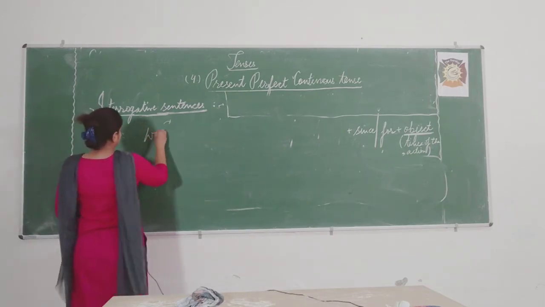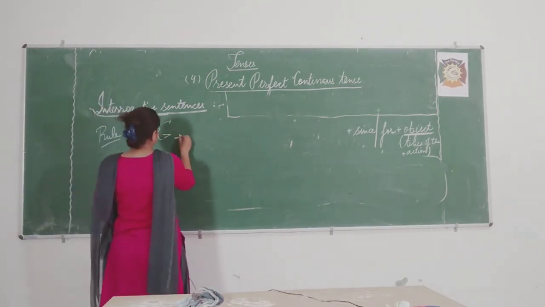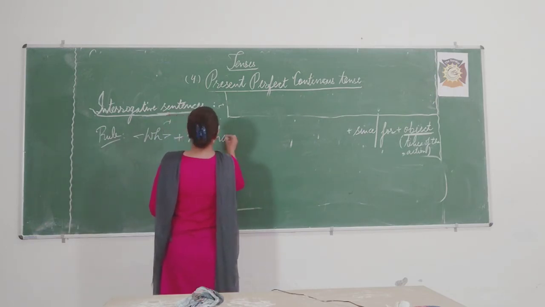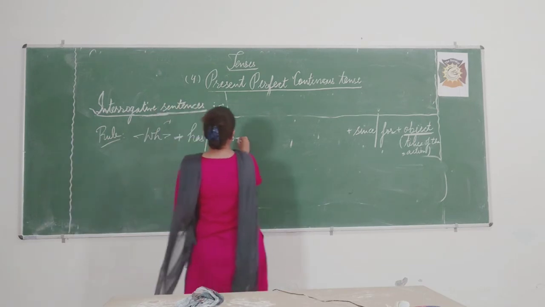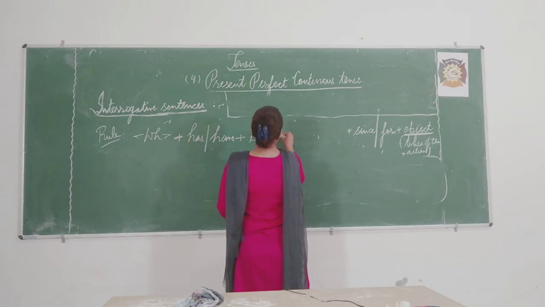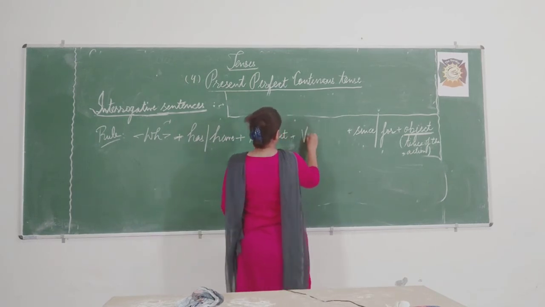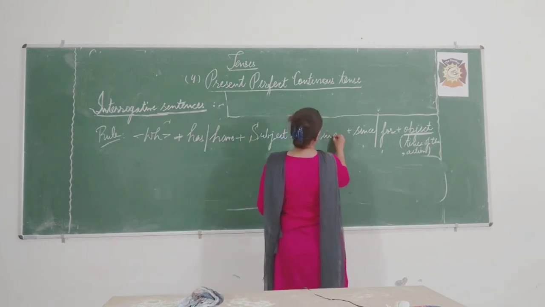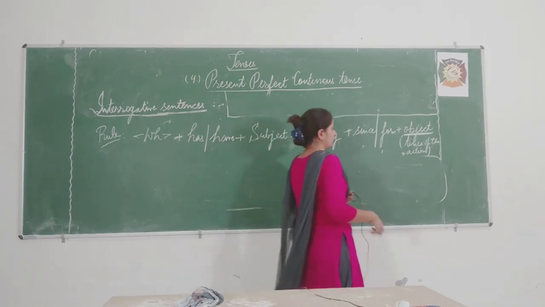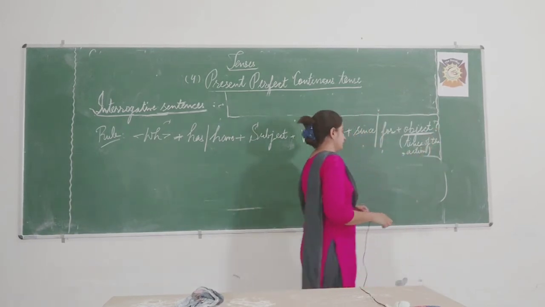First of all, WH family words plus has or have plus subject plus verb's first form plus ing plus since or for plus object and a question mark in the end.